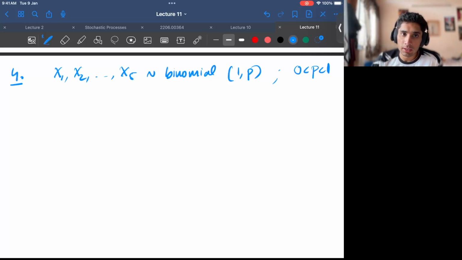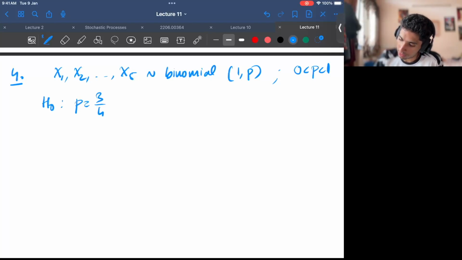Now there are two hypotheses. H naught is a null hypothesis which says that p is equal to 3 by 4, and there is an alternate hypothesis H1 which says that p is equal to 4 by 5.